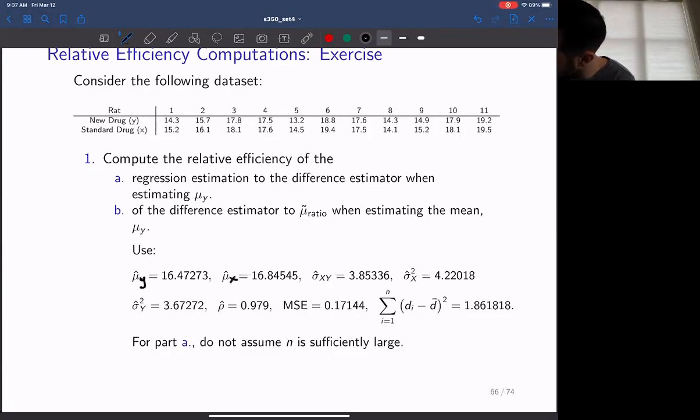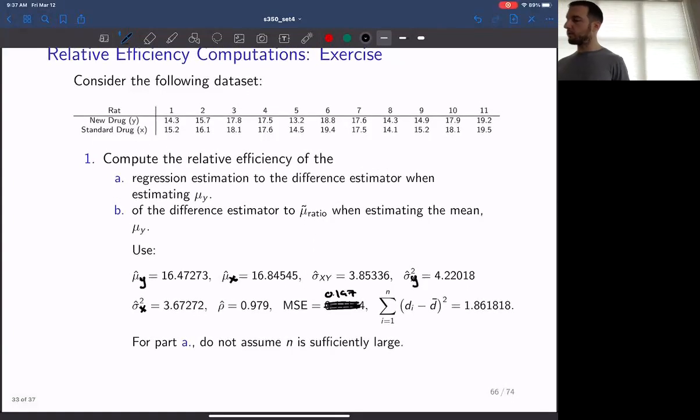So this is y and this is x. This term is fine. This term would also be y. This term would be x. This row is fine. The MSE, so this value here should be 0.197. And then the diff is good. Right, so I just had the symbols flipped and then my MSE was a bit off.